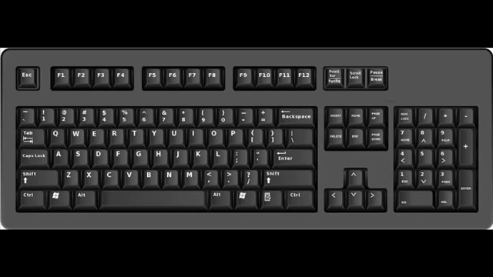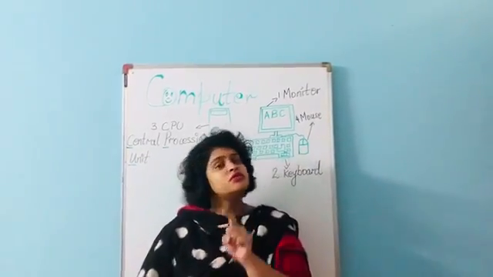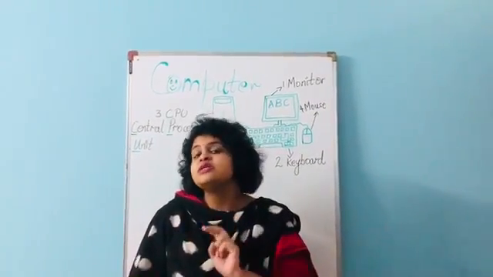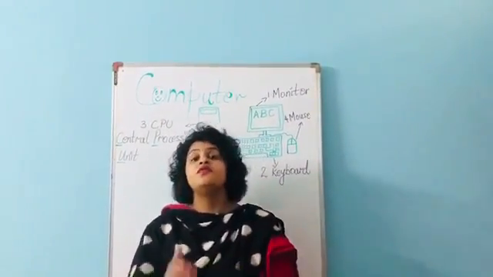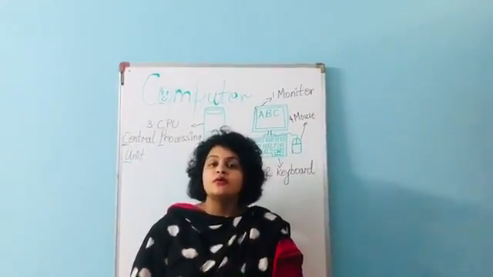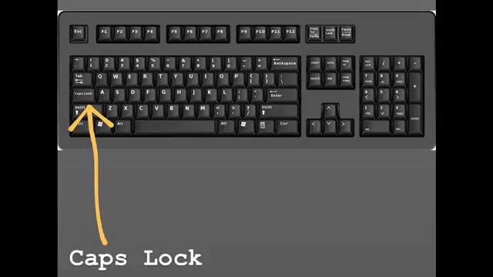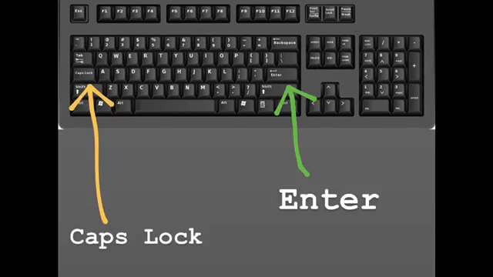Yes. Oh, yes. You can see arrow keys too. Very good. But do you know what two keys we are going to study about today? We are going to study about the caps lock key and the enter key.